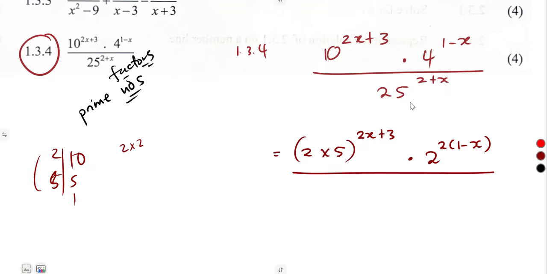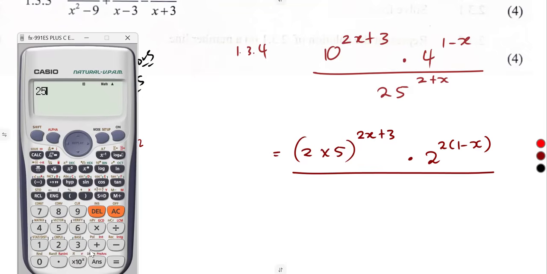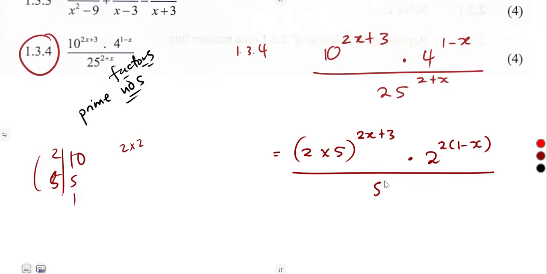And this is over 25. 25, you can do the same thing. 25 is equal to, then shift, fact, 5 squared. So that's 5 squared, to the exponent of 2 plus x. So this is what you have from rewriting these numbers in simplest form. So the simplest form must be having prime numbers.